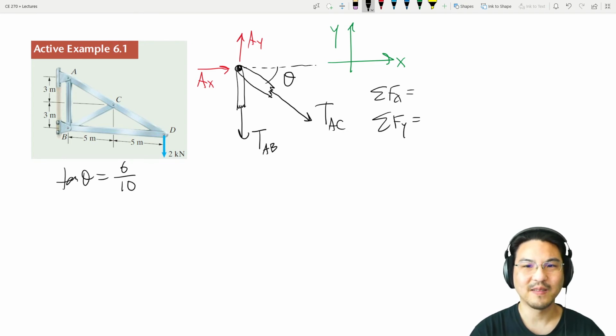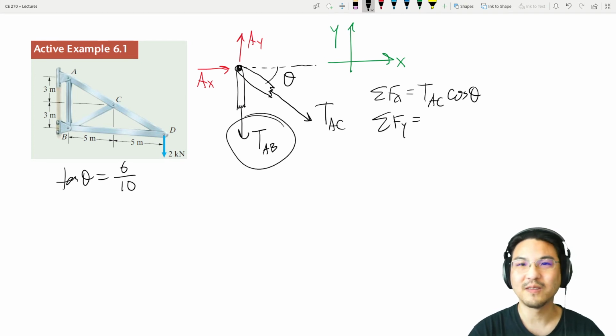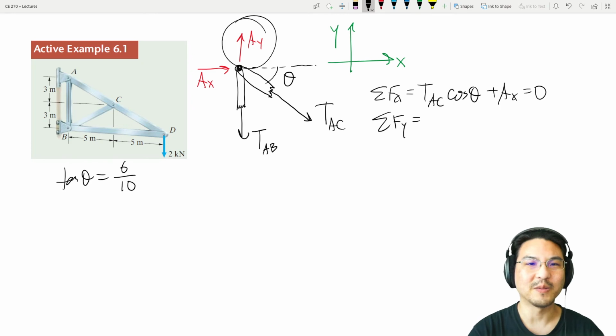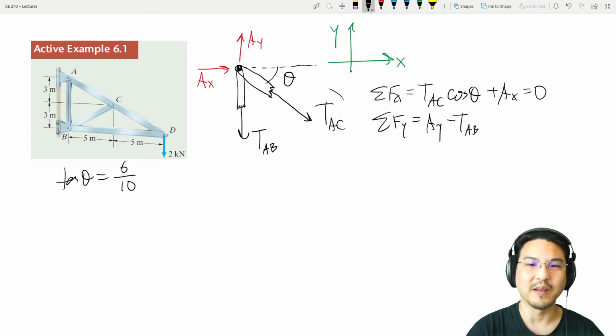In the x direction, the x component of this is cosine, the x component of this is nothing, nothing, and this. In the y direction, I've got this one going in the negative y direction, and then the y component of this is negative sine.